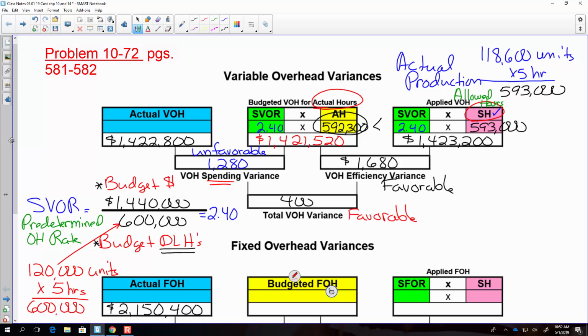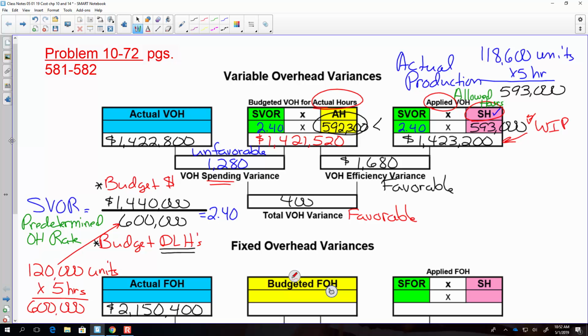What dollar amount do I put into work in process inventory? Yes. So when you see the word applied, what's it applied to? The WIP inventory. So this 1,423,000 is going into work in process.